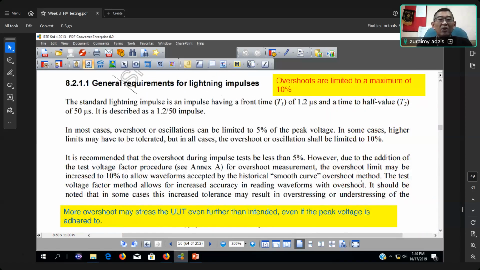Now we concentrate on the requirements. The first part, 8.2, is on the lightning impulses that we want to inject into the samples, the UUT. There are requirements for them. One of them, for lightning, is 1.2 microseconds and 50 microseconds.